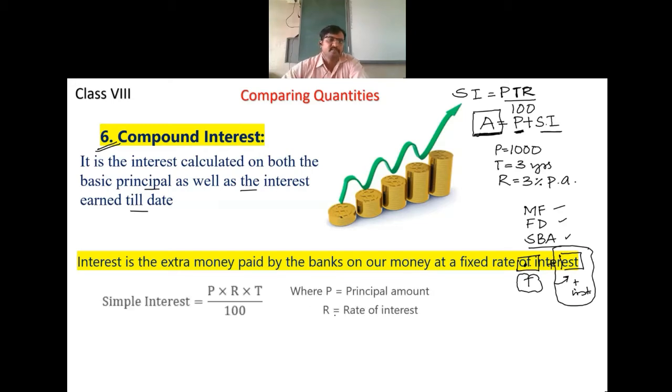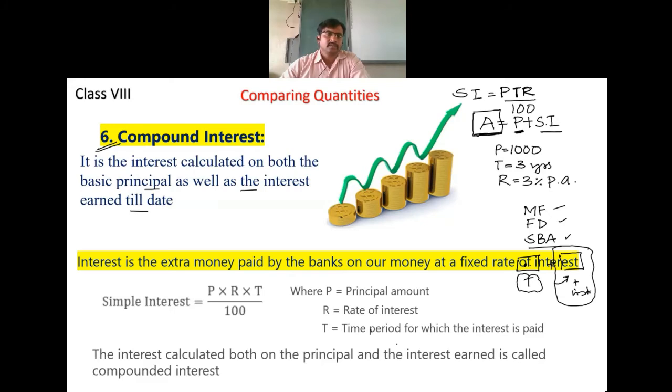Simple interest is PTR by 100, where P is the principal amount, R is the rate of interest, T is the time period for which interest is being calculated. The interest calculated on both principal and interest earned is known as compound interest. You will understand the meaning of principal and the interest earned.